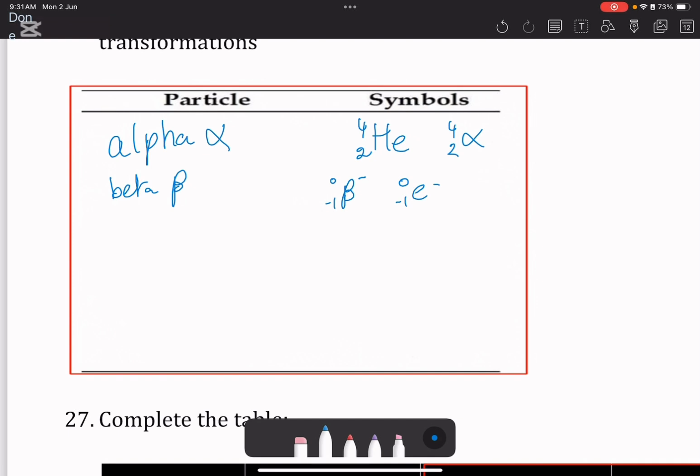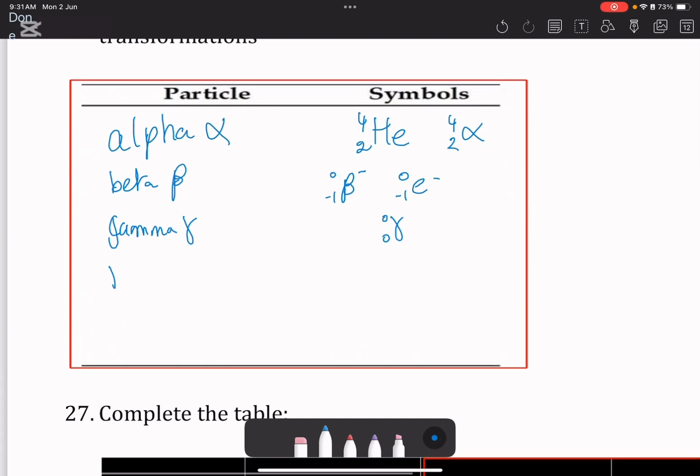Another example, gamma rays. That's the symbol of gamma, 0 and 0. We also have the positron. The positron is a positive particle, so it is beta, but instead of negative, it's a beta positive, and here it would be +1, or you can simply write e plus 1, like that, the positron.